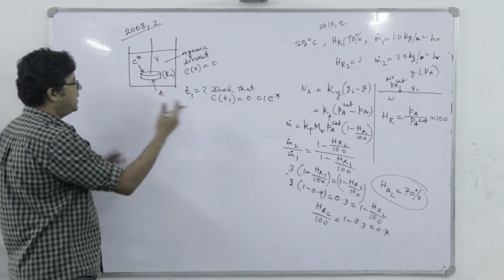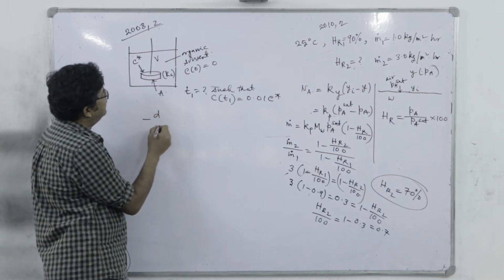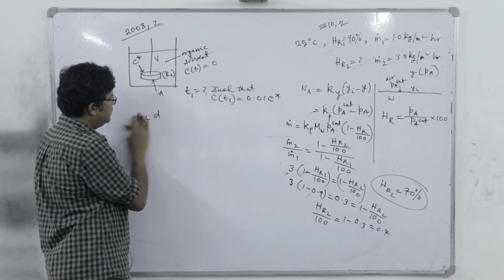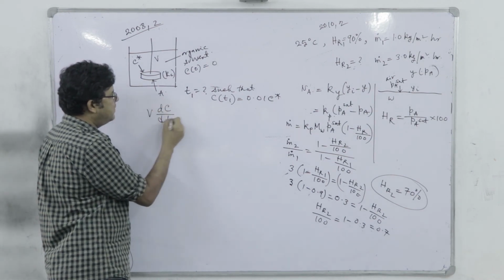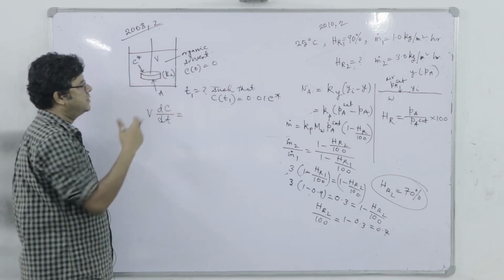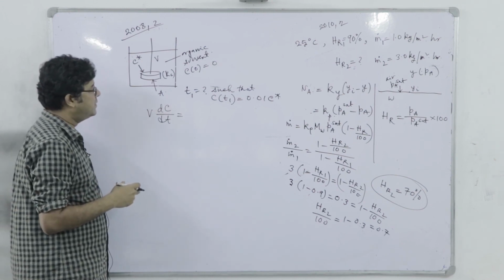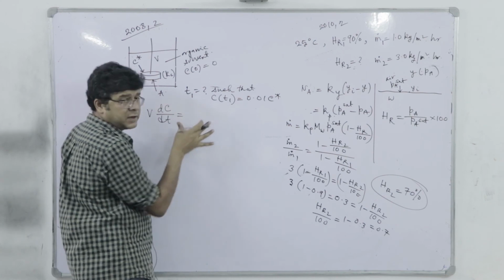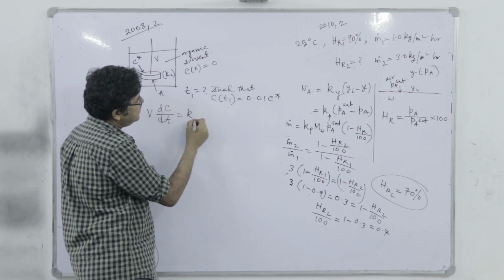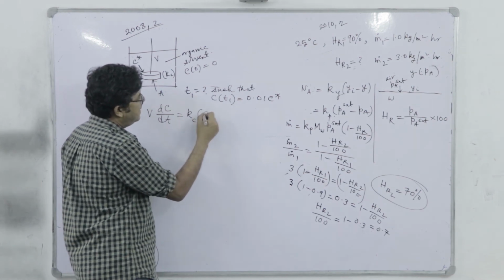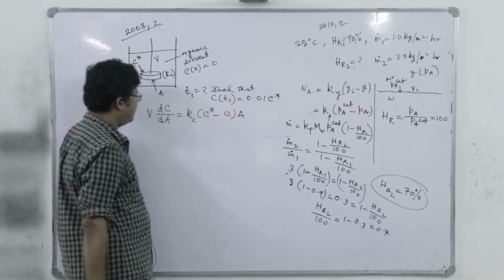So if you just write an unsteady state balance, it is V into dc dt, that is the rate of accumulation of that solute in this organic solvent, right, and that's equal to the rate of mass transfer, which is Kc into C star minus C, that's the driving force, into area, right.